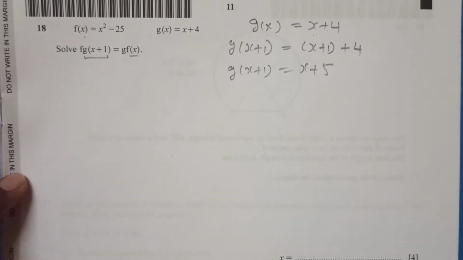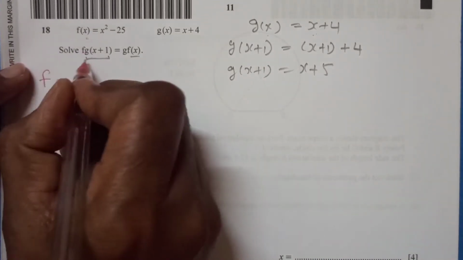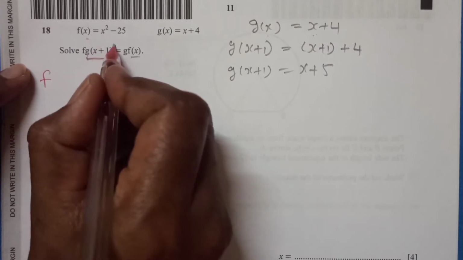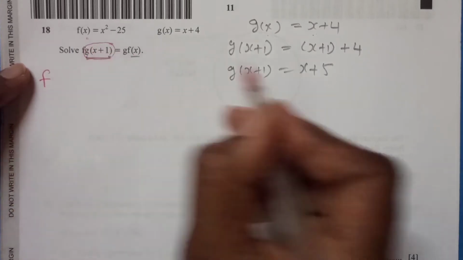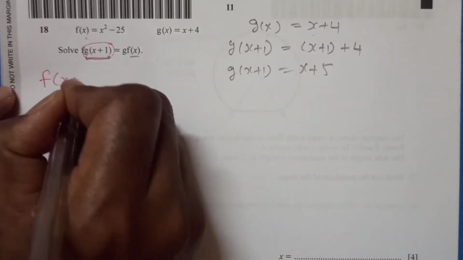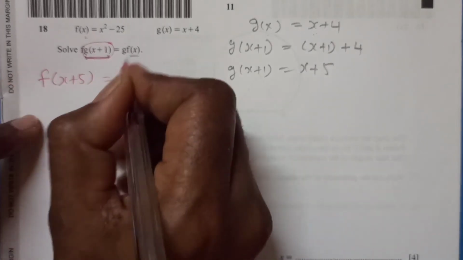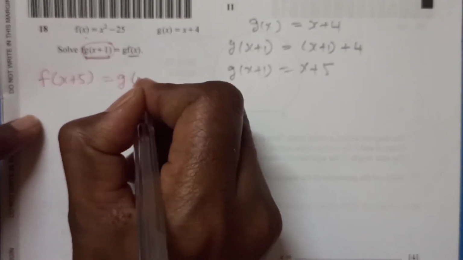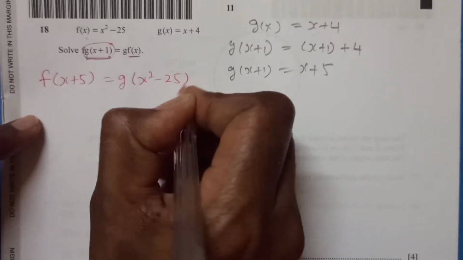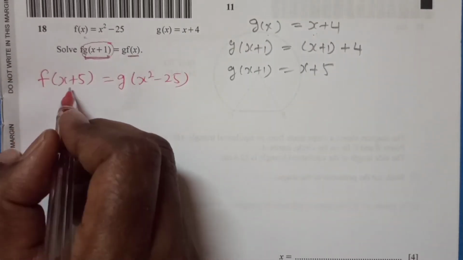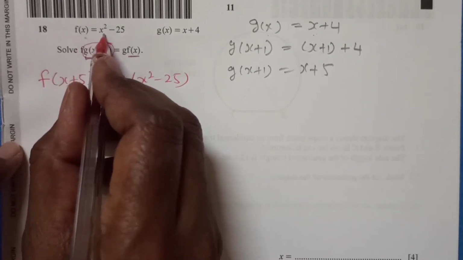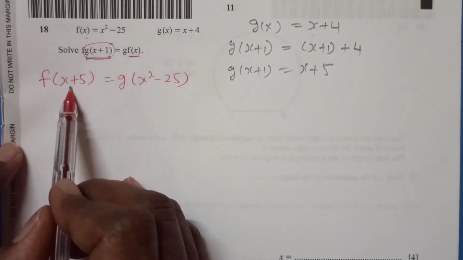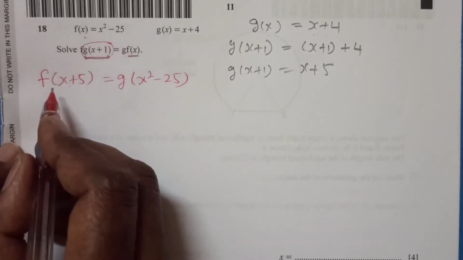So this we are going to substitute here, f of g(x) plus 1. We can replace this g(x) plus 1 by x plus 5, right? Then g of f(x). f(x) is x squared minus 25, right? So now in f(x) you are going to replace x by x plus 5.